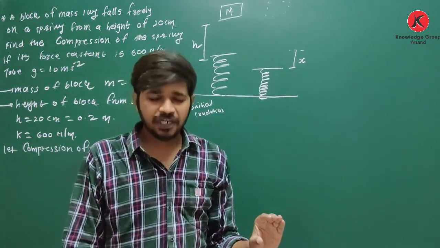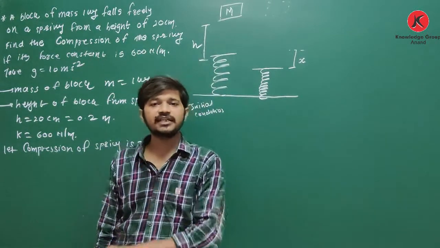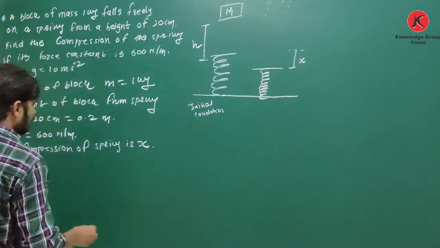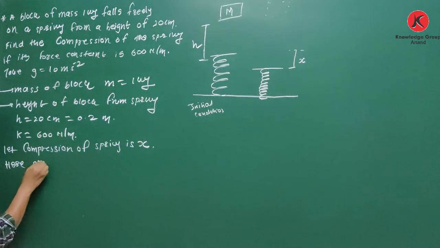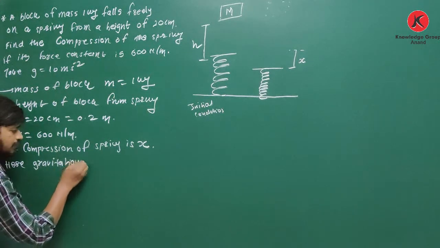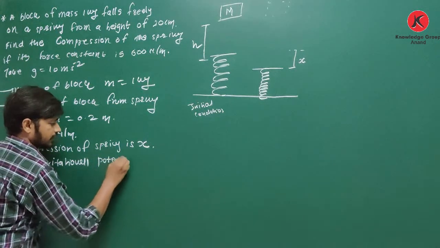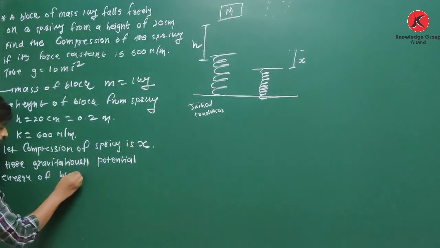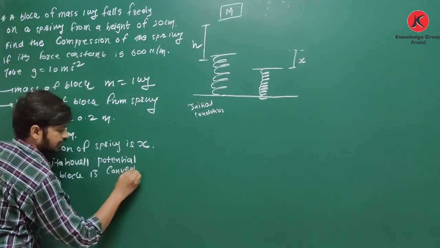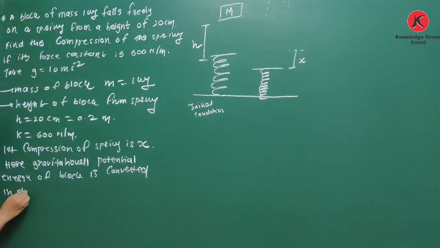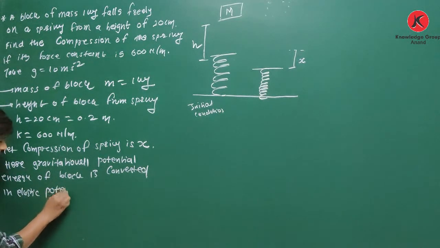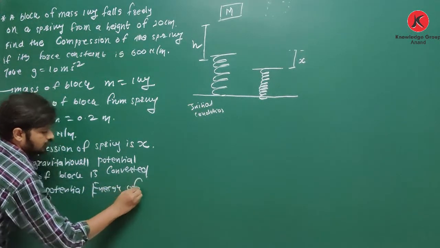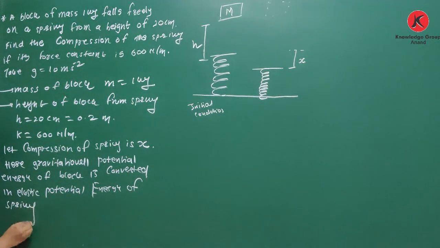So we can say the gravitational potential energy of the block is converted into the elastic potential energy of the spring.